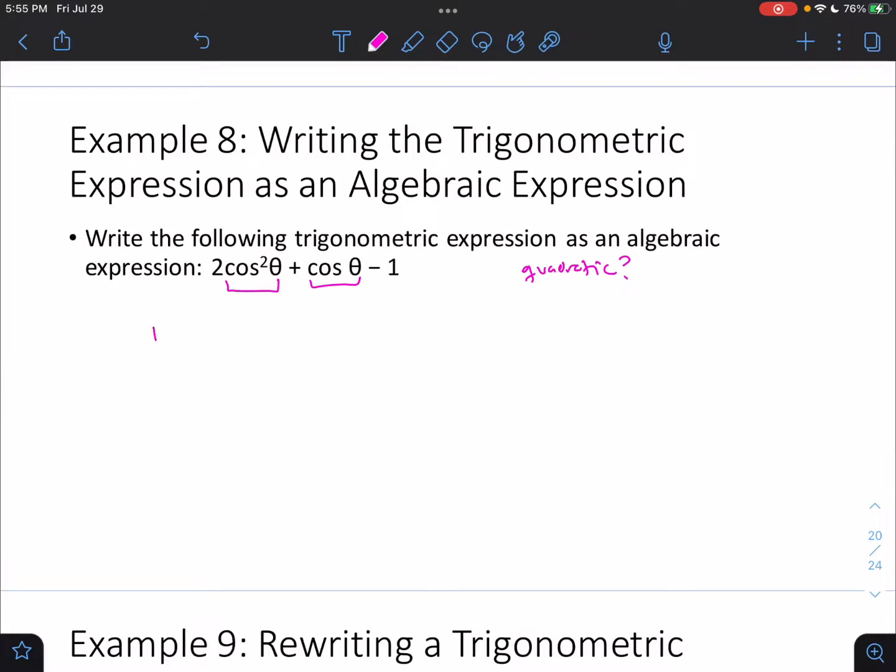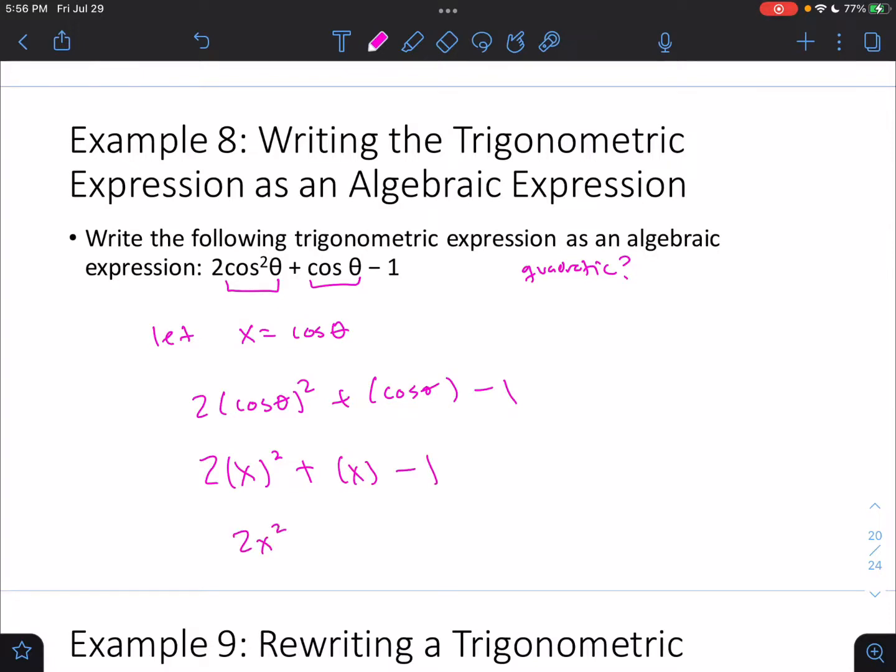And if we replace, so let's let x equal cosine theta, then since this is 2 times cosine theta squared, and the other one is plus cosine theta, then we subtract 1, and we have 2x squared plus x minus 1.